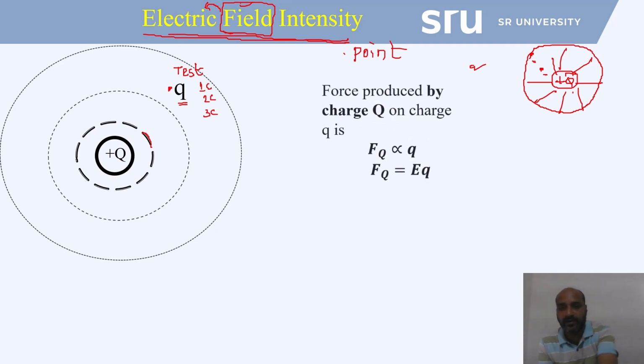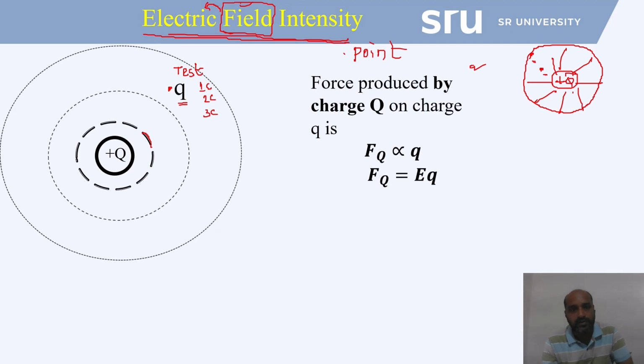So you can say that the force produced by this plus Q on the test charge depends on the magnitude of the test charge, how much charge you are placing. So this force by plus Q is proportional to the magnitude of the test charge.